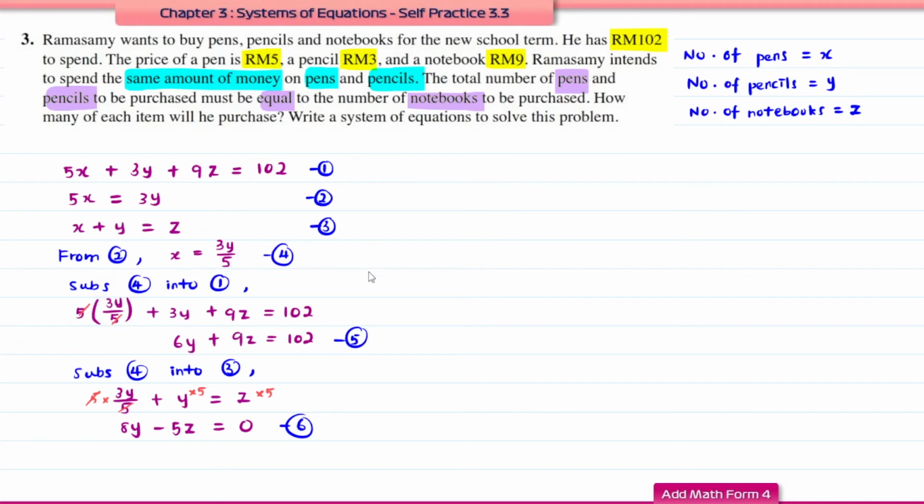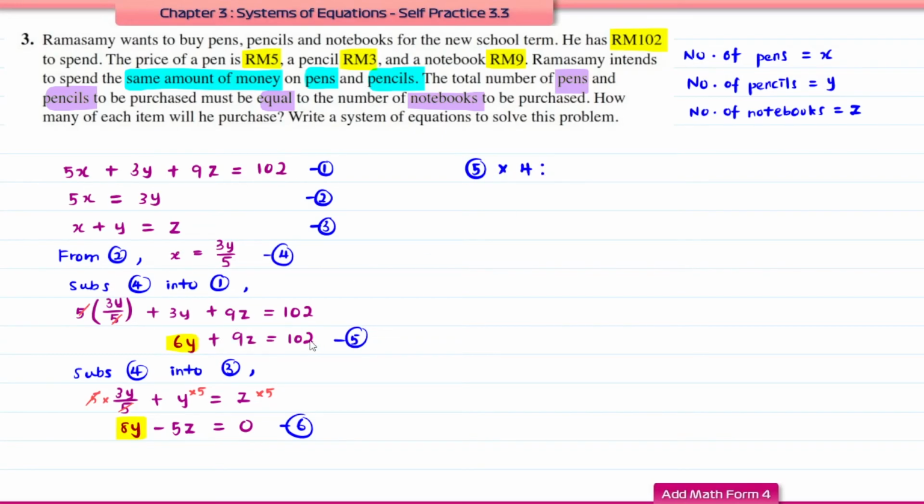Here we can solve it using simultaneous linear equations. I'm going to eliminate the y. First I need to equalize the y. So 6 and 8 have the lowest common multiple of 24. Therefore, equation number 5, I'm going to multiply it by 4.